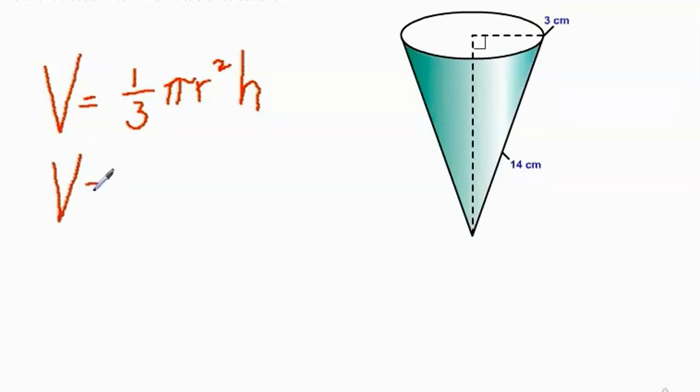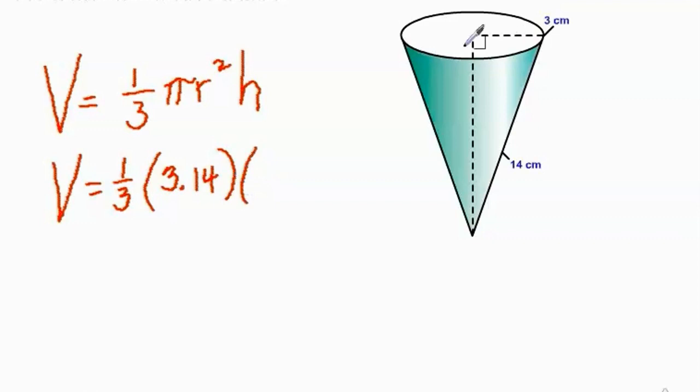We're after the volume, and so that means we'll substitute in values for pi, for r, and for h. We were told in the problem to use the approximation 3.14 for pi.